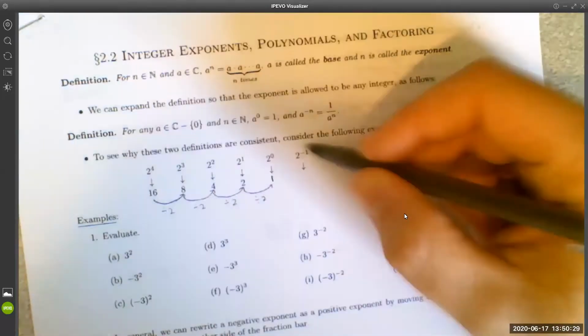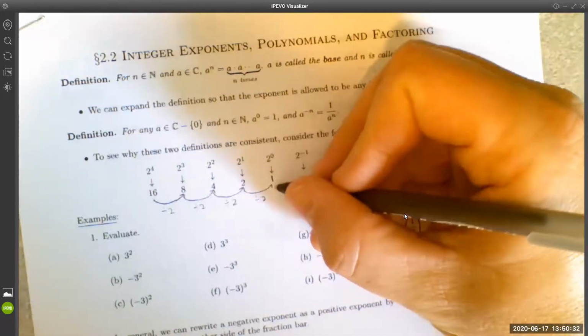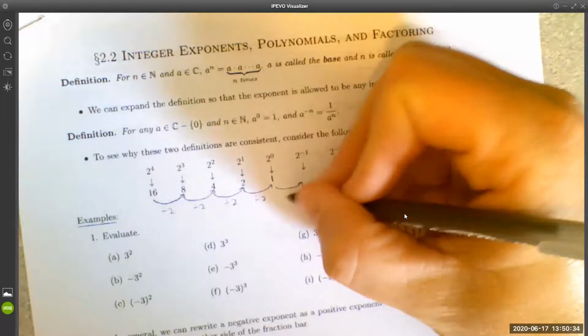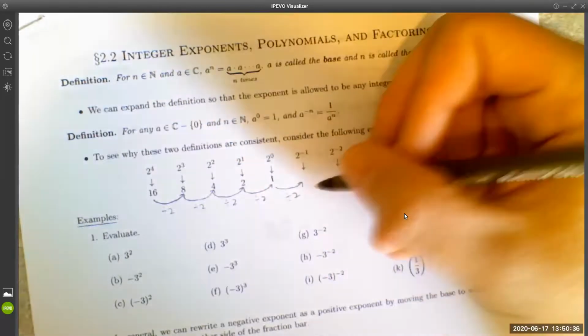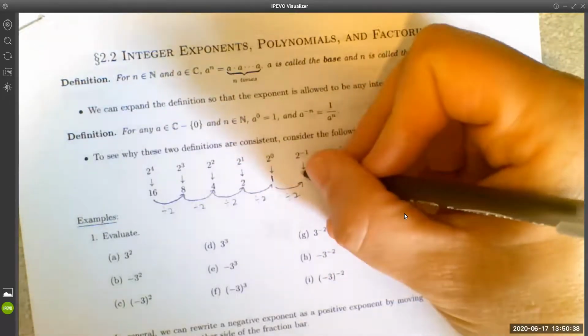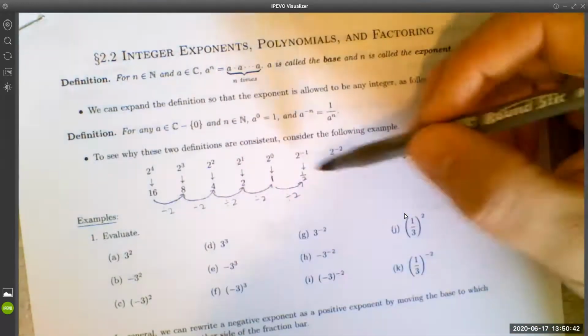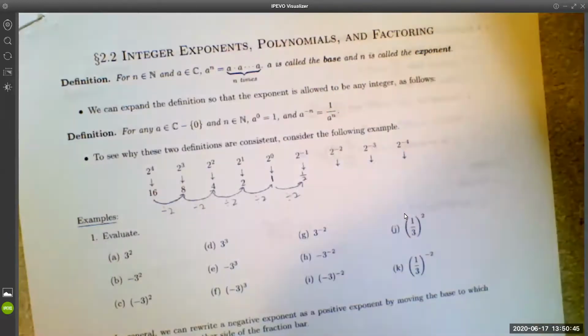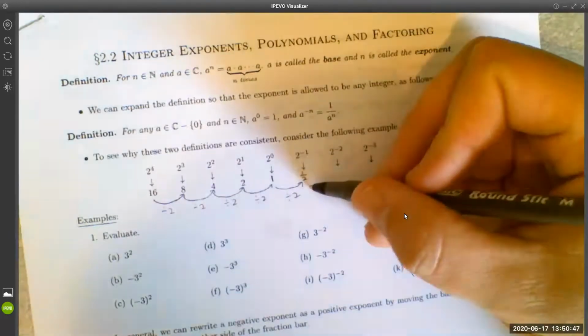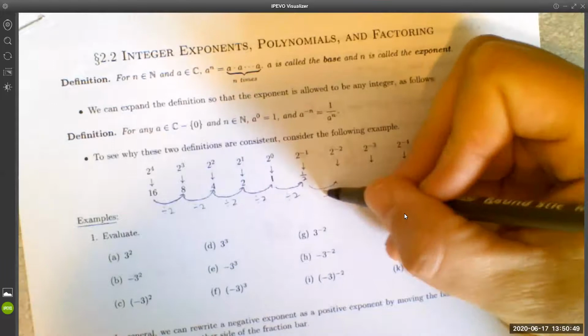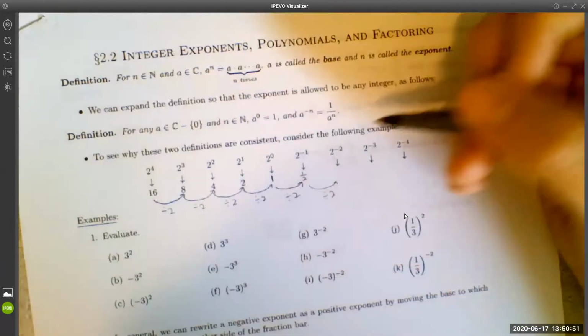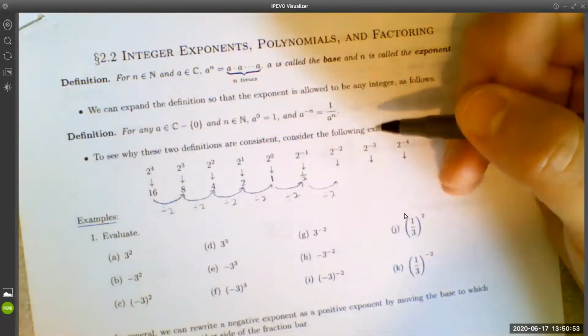But continuing on with 2 to the negative 1, again, we would want to divide by 2 to get the next thing on the list. Well, 1 divided by 2 is just 1/2. And you'll notice that 1/2 is just 1 over 2 to the 1st power. If we wanted to get to the next place, we would divide by 2 again. 1/2 divided by 2, well, half of half is a 4th.